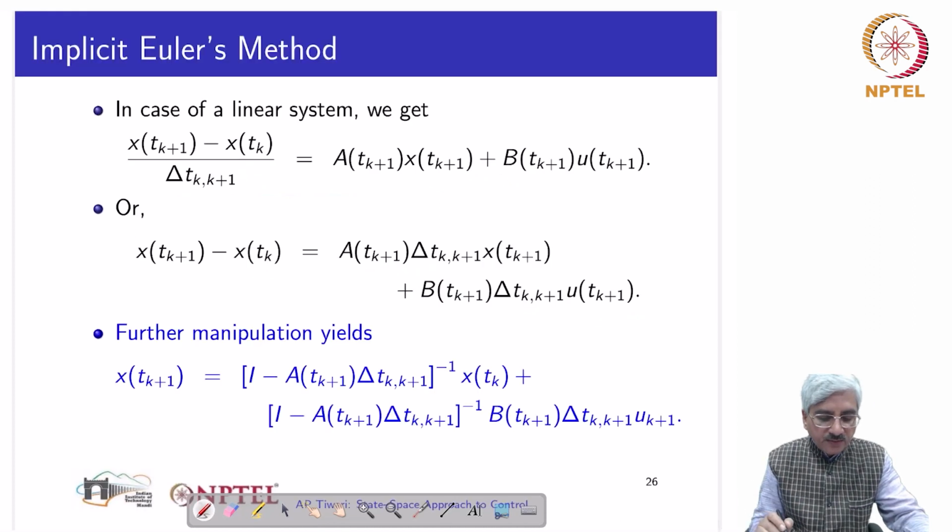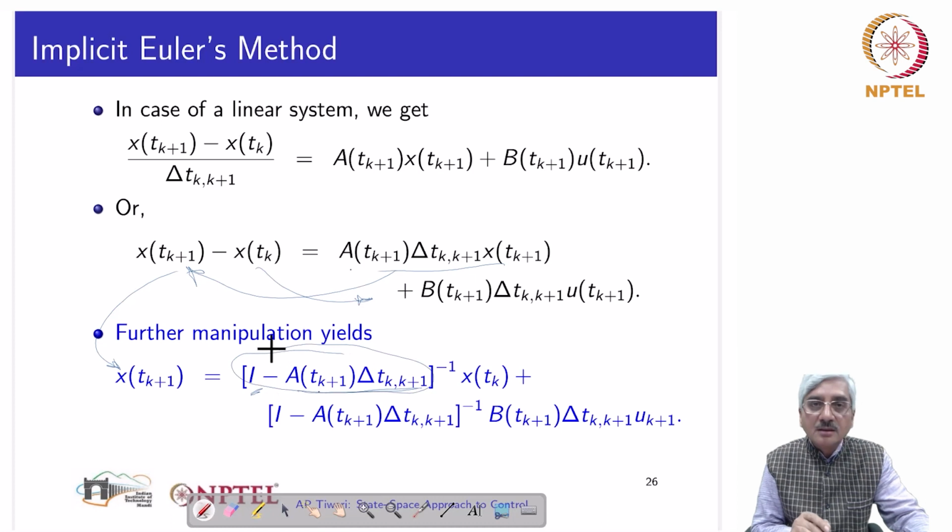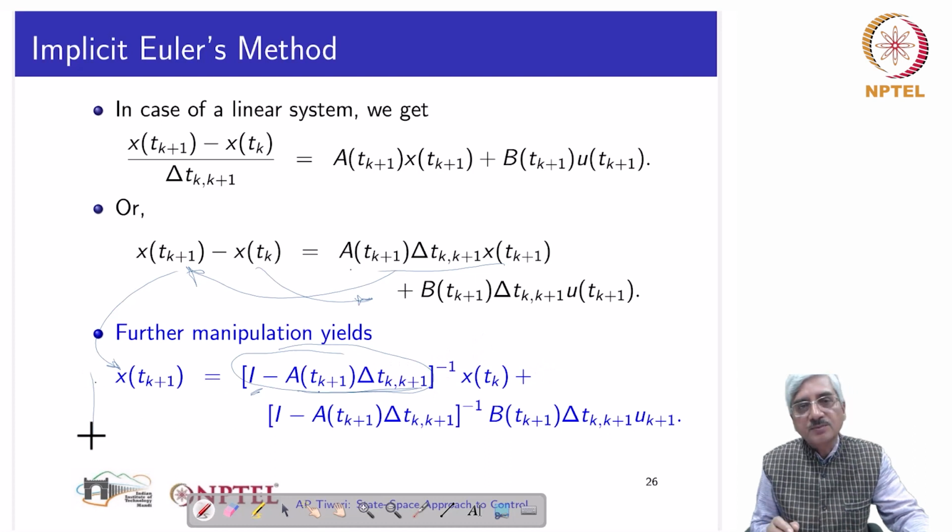When we simplify this, we get x(tk+1) as the identity matrix minus the A matrix and then the inverse of that. Essentially we take this term on the left, this term on the right, and then we take this common and multiply by its inverse on both sides. So we get this expression.